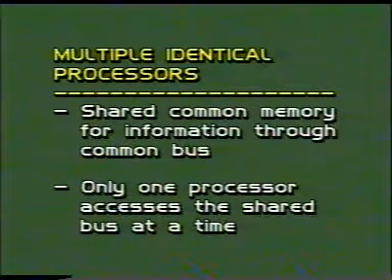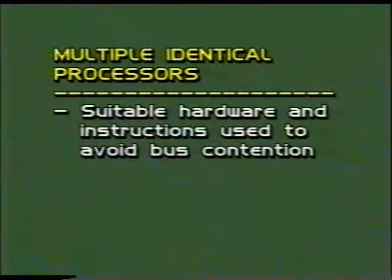As a result, at a time, only one processor has access to the shared bus. To avoid bus contention and facilitate inter-process communication, external bus arbiter hardware along with special purpose instructions have been made available in most of these 16-bit microprocessors.